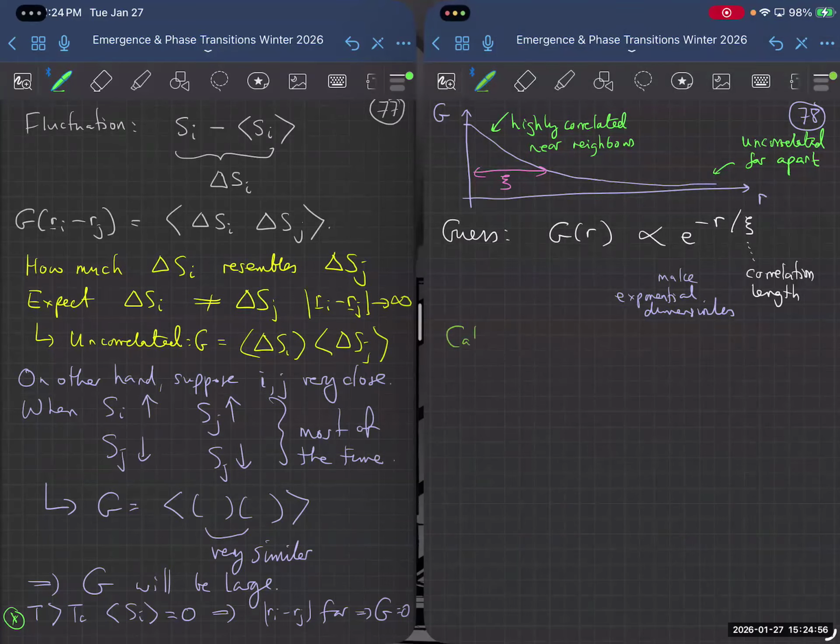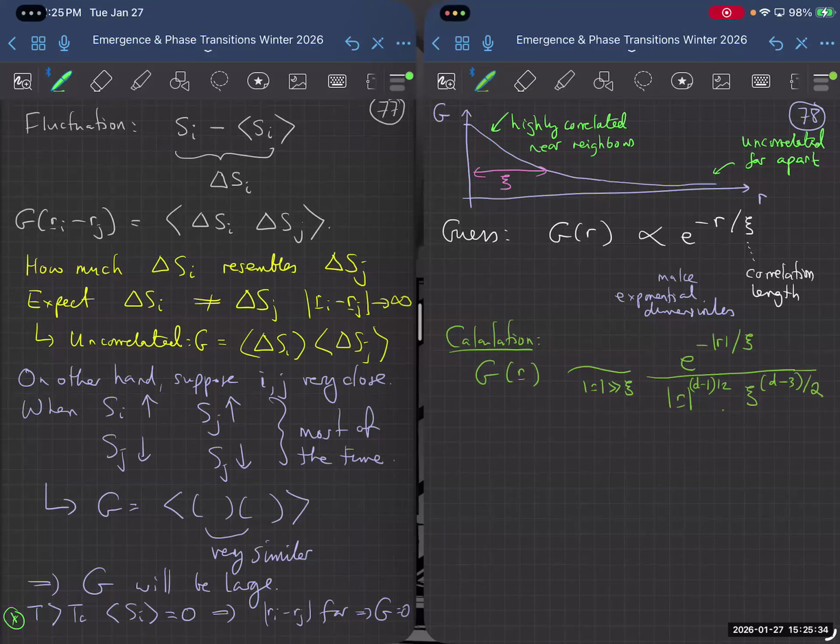So a real calculation, which I'll show you how to do later, gives you that g of r looks like this. When r is much larger than the correlation length, this actually goes like e to the minus r over psi divided by r to the power d minus 1 over 2 times the correlation length to the power d minus 3 over 2.